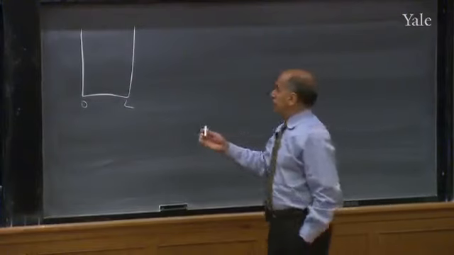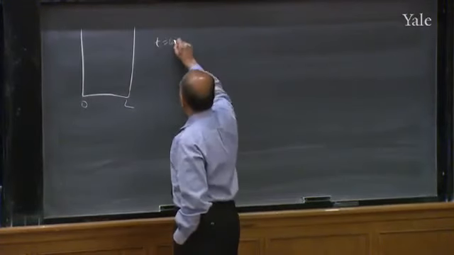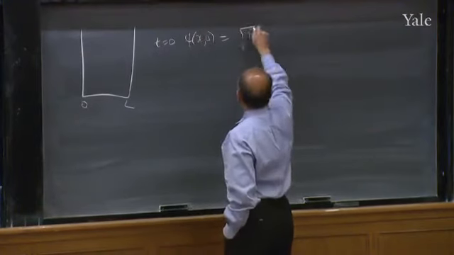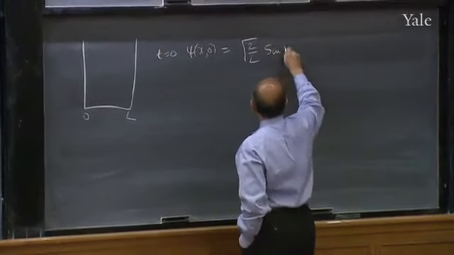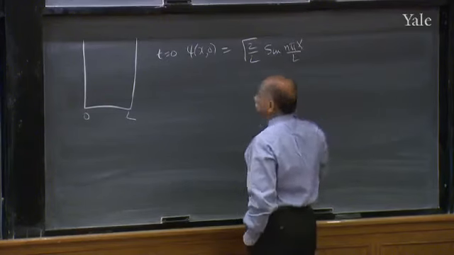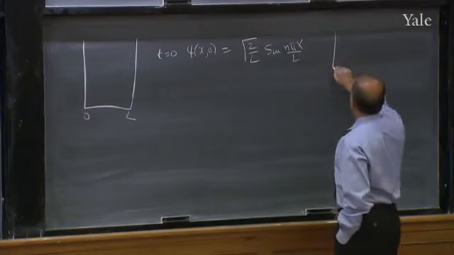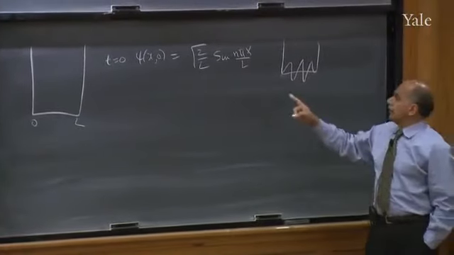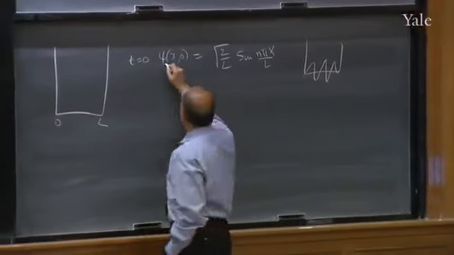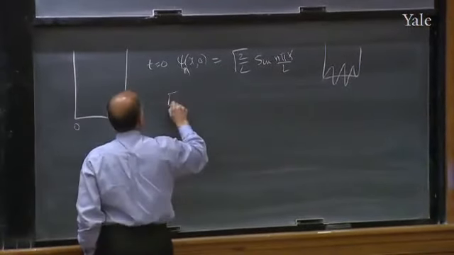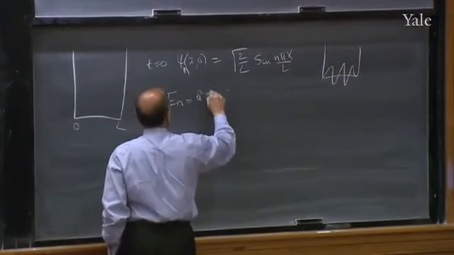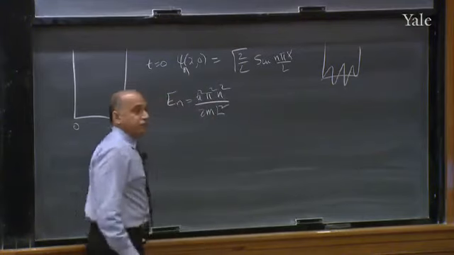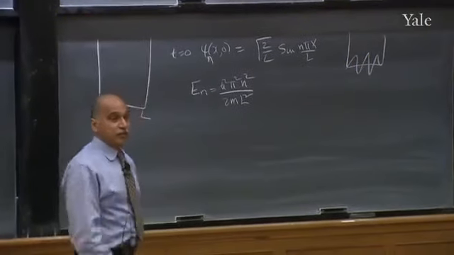Let's first take a simple case where at t equal to 0, psi of x and 0 is equal to the square root of 2 over L sine n pi x over L. That is just a function with n oscillations. You agree that's a state of definite energy. The energy of that state, E sub n, is h bar squared pi squared n squared over 2mL squared. We did that last time.